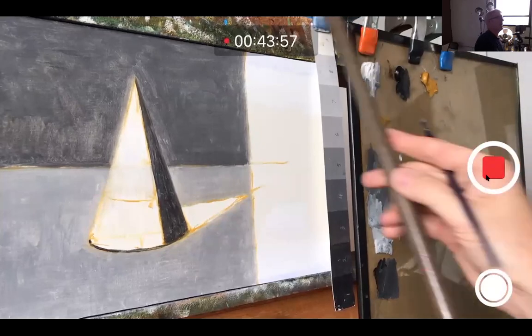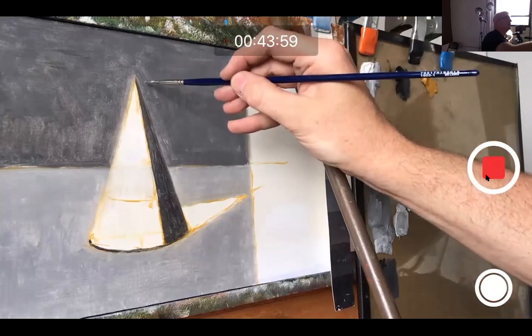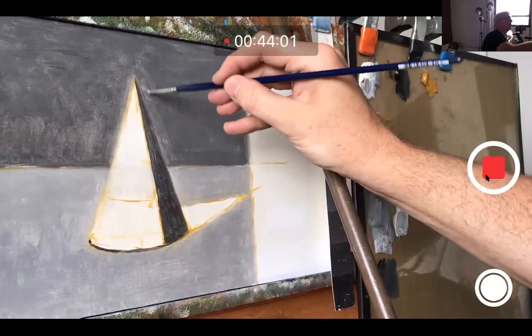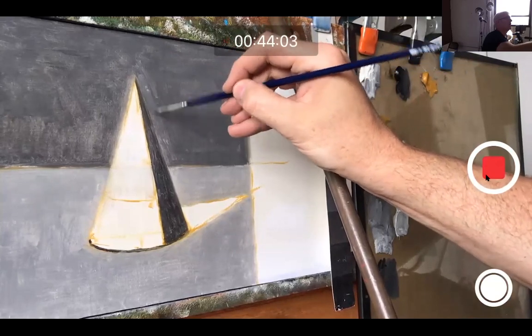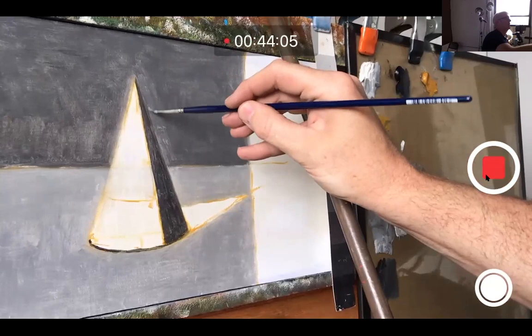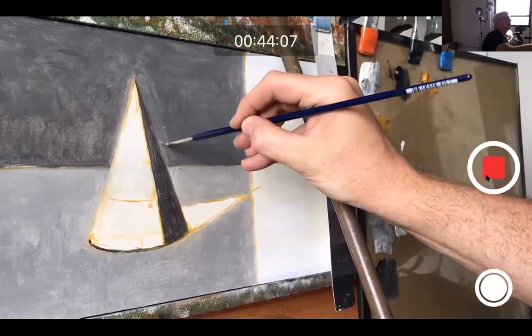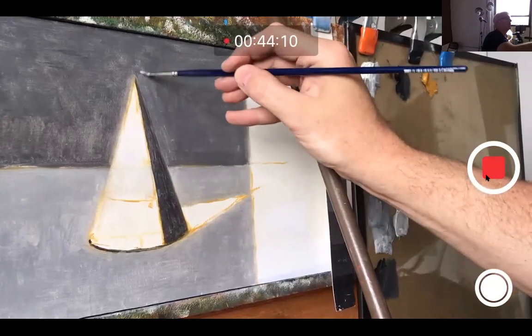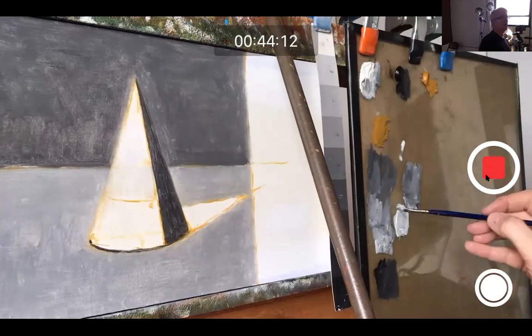I do think perhaps the value of the background next to the value of the form shadow on the cone should be just a little bit lighter.